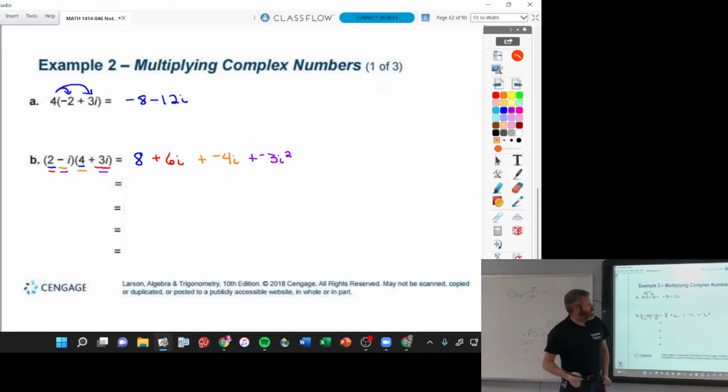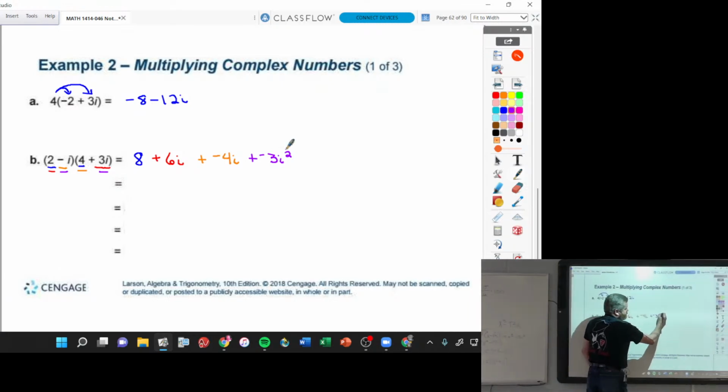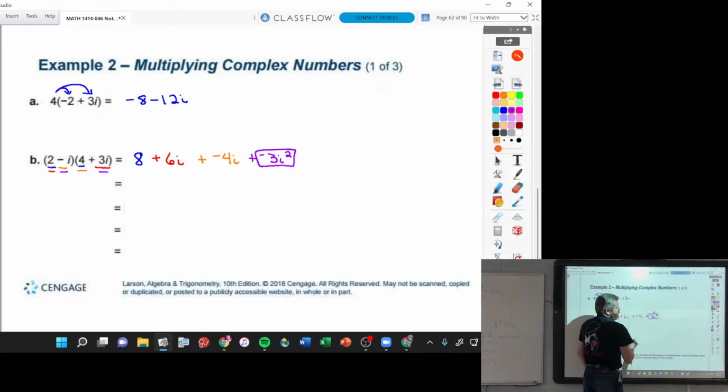Remember, i squared is negative 1, so this plus negative 3i squared becomes simply plus 3.